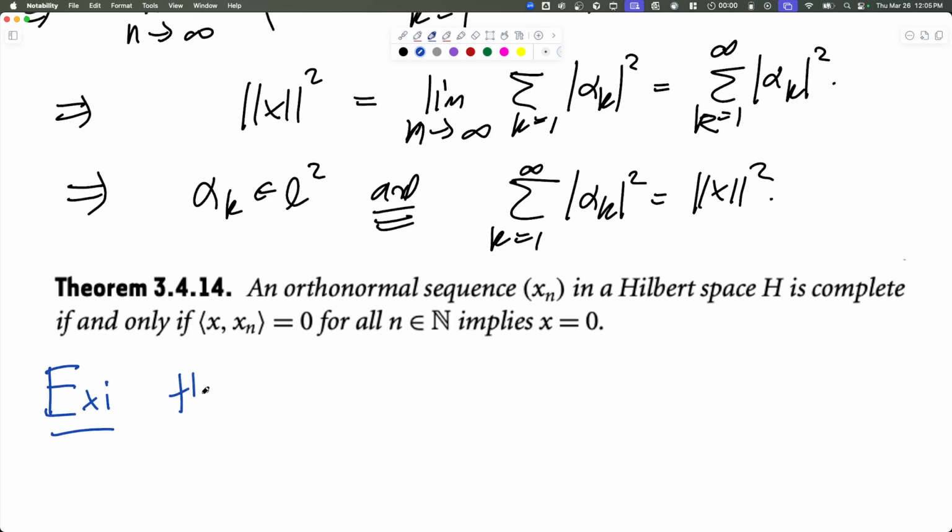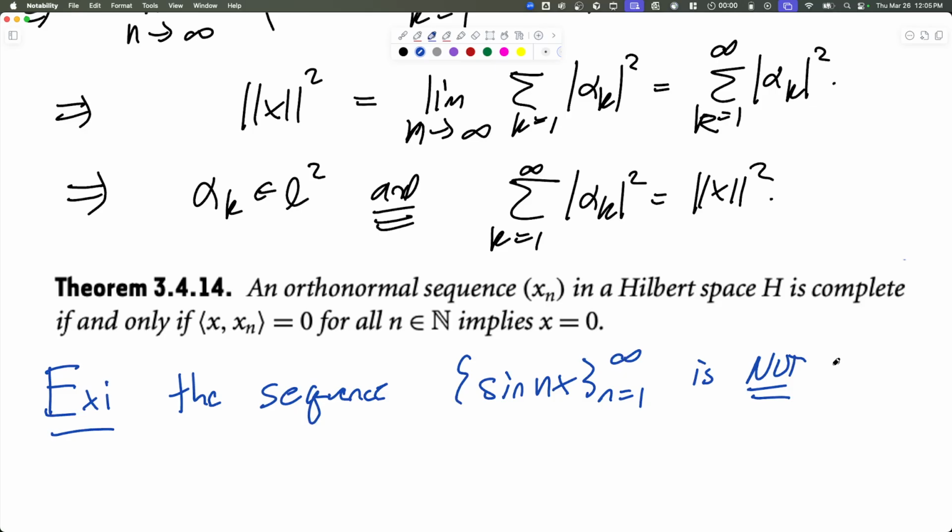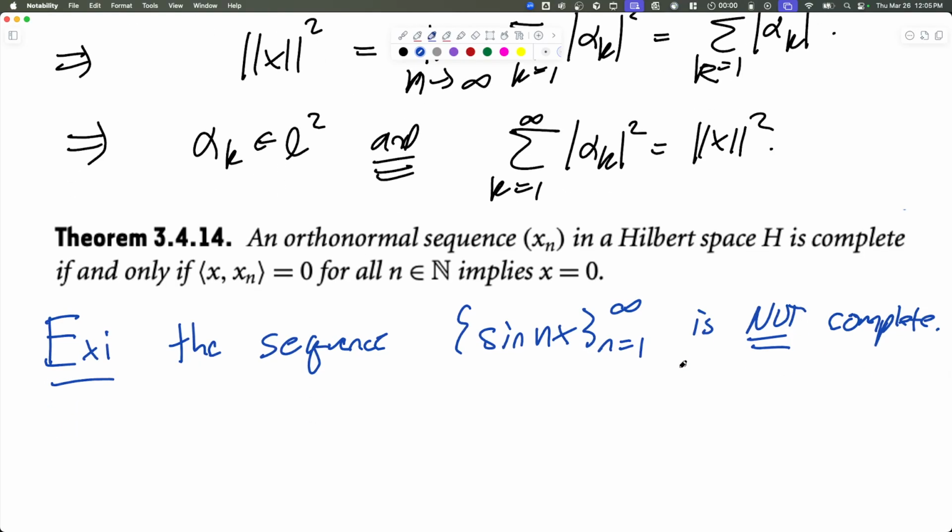Example: the sequence sine nx, so sine x, sine 2x, n going from 1 to infinity, is not complete. This is what we said last class. We said that it was not happy. The sine functions on their own are not happy. Now we know what not happy means. It means not complete.